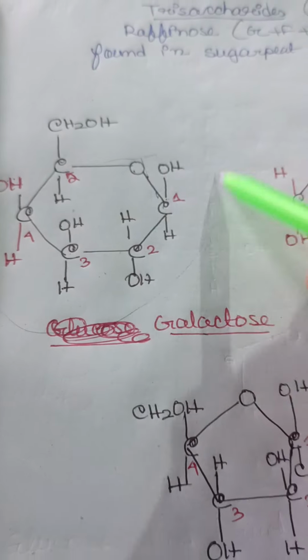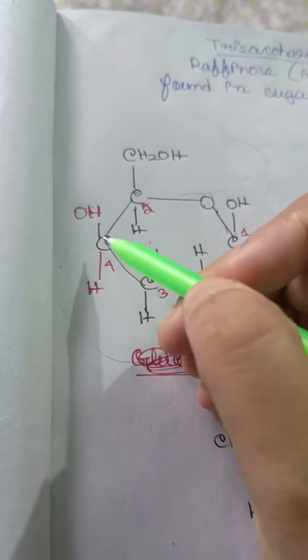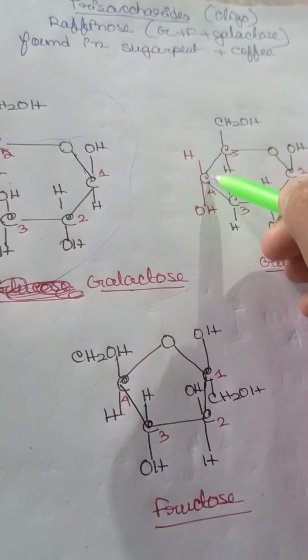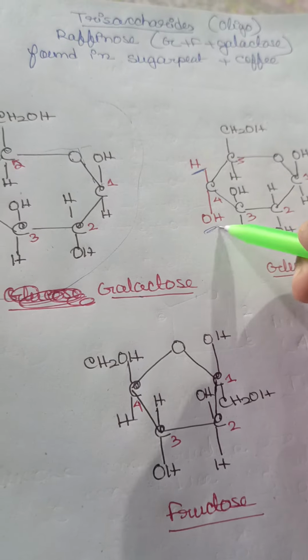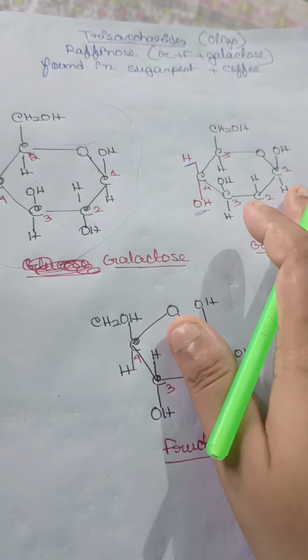So it will be the ring structure of galactose. The ring structure of galactose and glucose is almost the same. Only one difference: in carbon number 4, OH is here, H is here, and in the other, H will be here, OH will be here. This is the structural difference, but all the other structures are the same, you see.